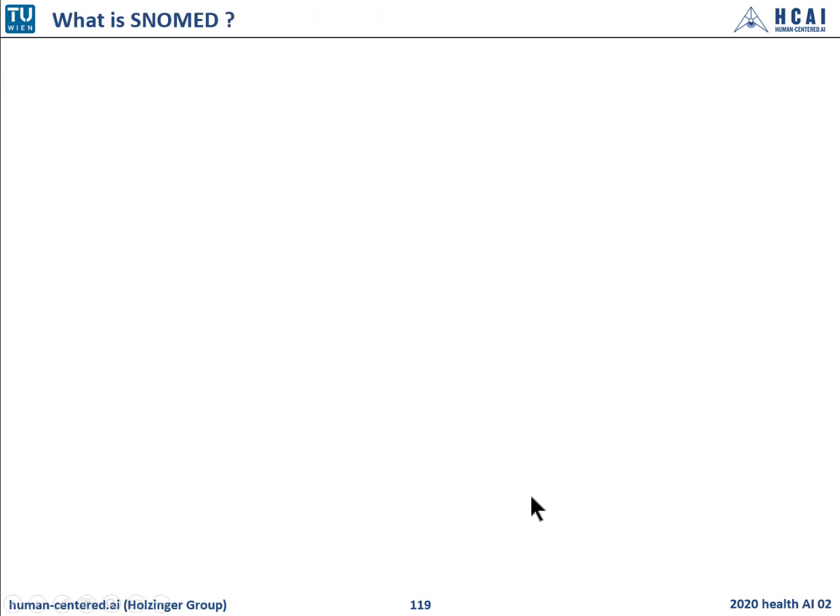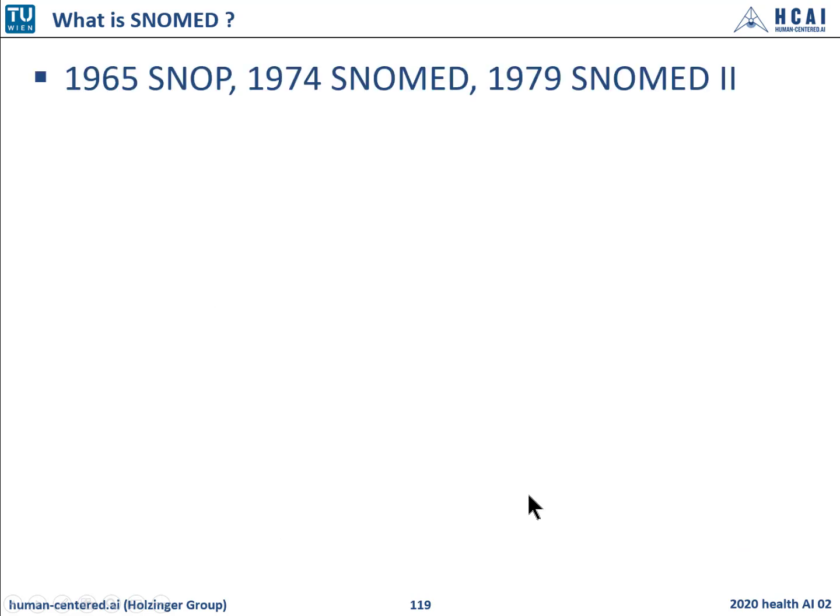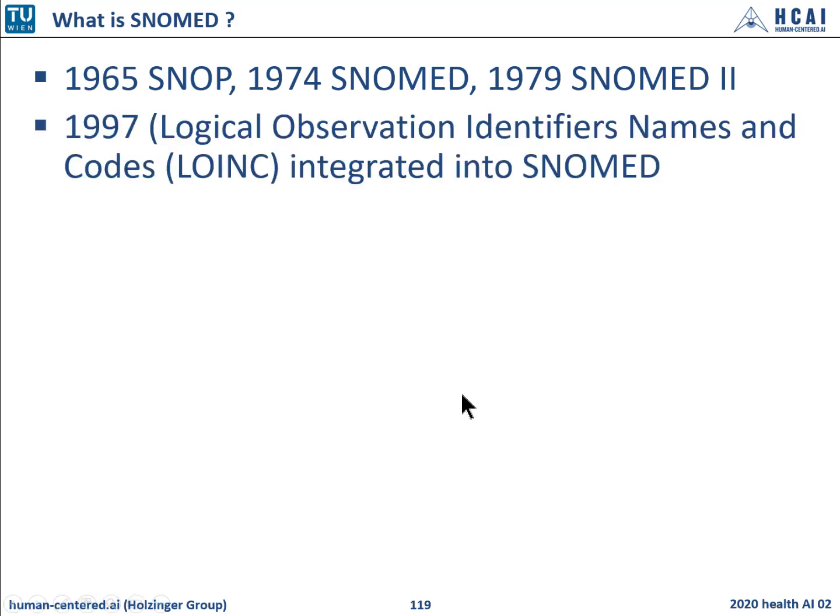So what is SNOMED then? Nothing to do with snow, but SNOMED was founded as a systematized nomenclature of medical clinical terms, and it covers diseases, clinical findings and procedures. This was interesting: it was originally developed by the College of American Pathologists, and the ownership of SNOMED was then transferred to a new public body called the International Health Terminology Standards Development Organisation in 2006.